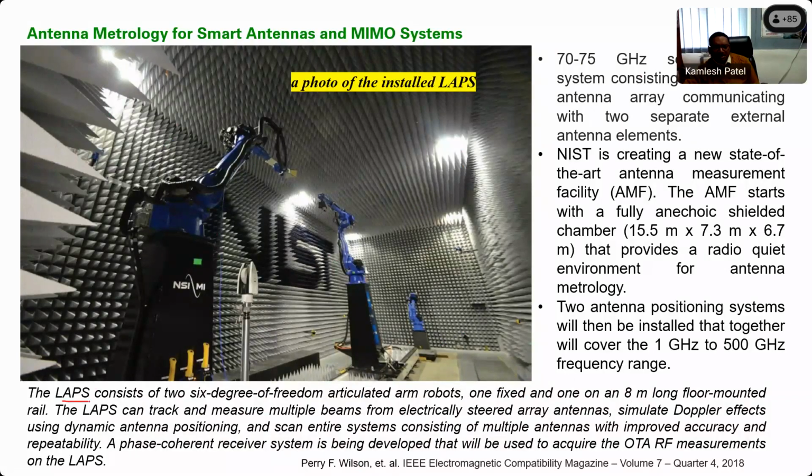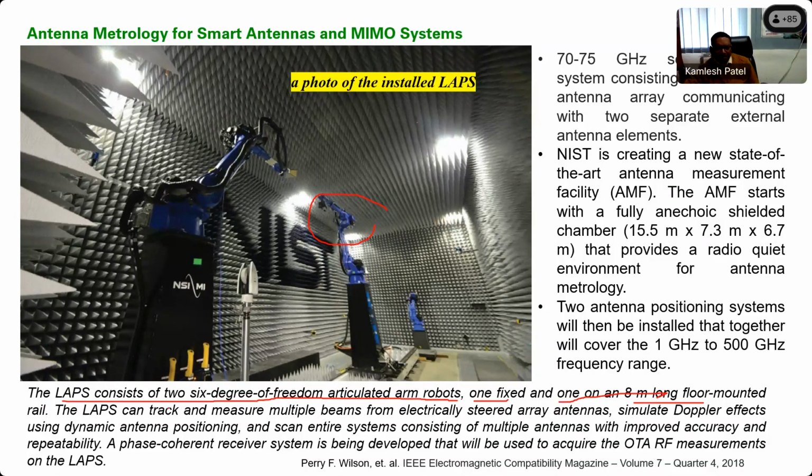This labs consists of 6 degree of freedom articulated arm robots, which means it can move in 6 different directions: left, right, up and down, and in a diagonal dimension also. One is fixed, and another is mounted on an 8-meter long floor mounted rail, as we have seen in the previous slide.